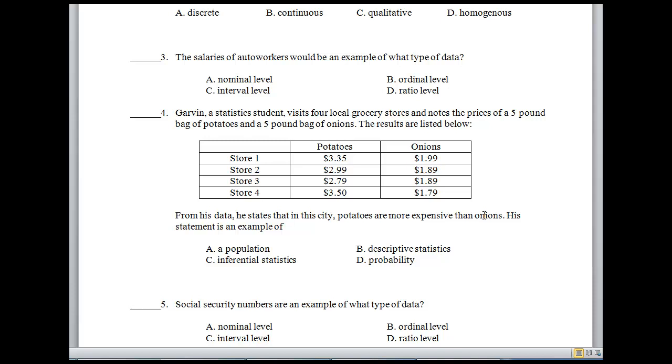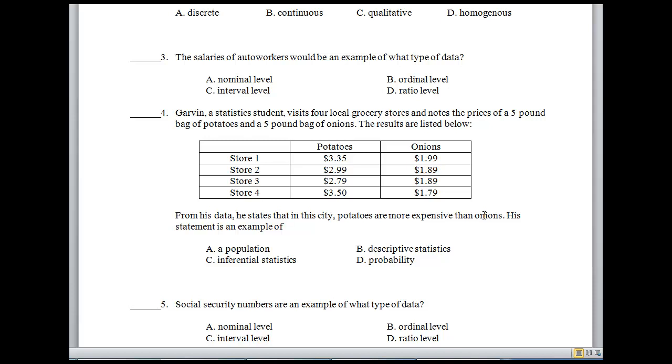Okay, that's a good clue. She says we hadn't gotten to probability yet, so it's not that one. All right. Yes. Okay, all right, you were in the right ballpark, but it was C, inferential statistics. Okay, with inferential statistics, we go beyond our sample data and infer about the population.